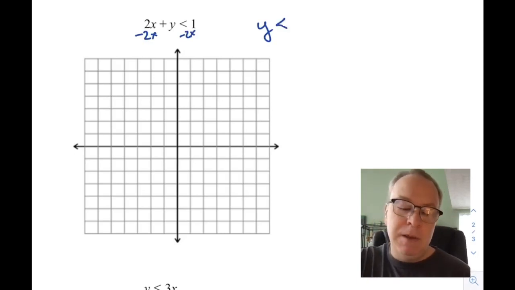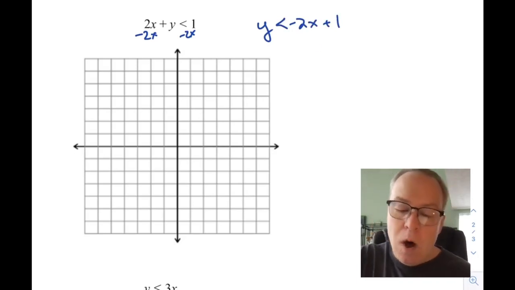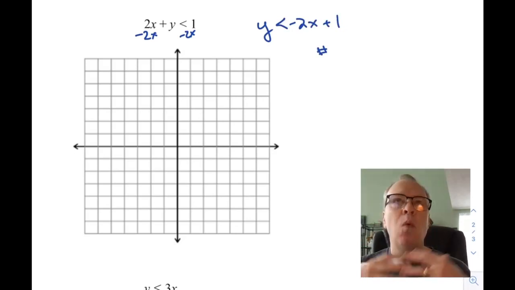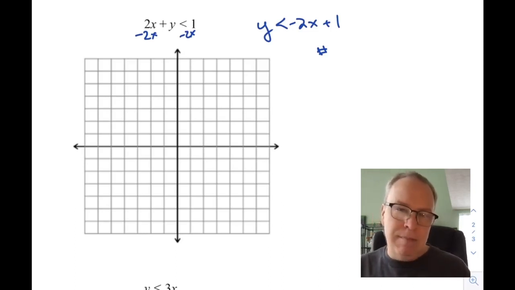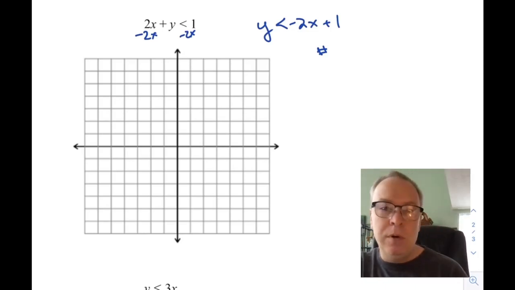We've talked about this before. I'm going to subtract the 2x to the other side. No big deal. Now, step 1, and we're going to graph this. Remember, graphs are a way to show where all the answers are. So once we get this graph done, we'll be able to answer lots of questions about, is this a solution? Is this a solution? We can do that with great ease when we have the graph.